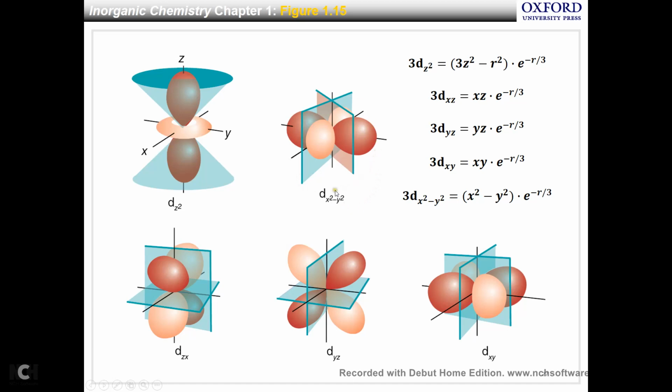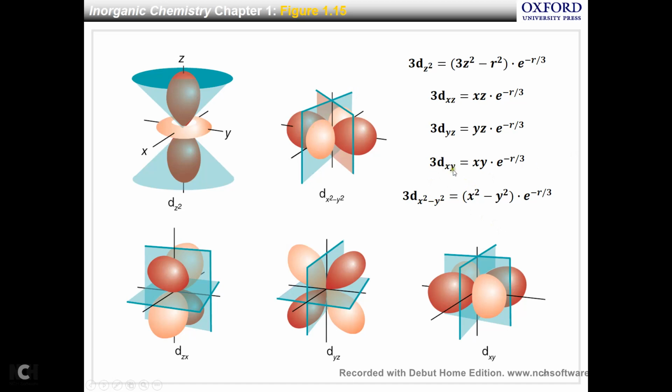This is dx squared minus y squared. So the polynomial function is x squared minus y squared. And if you set this to be 0, x is equal to y, or x is equal to negative y. Therefore, you have two planar nodes. One is x equals y, the other is x equals negative y.